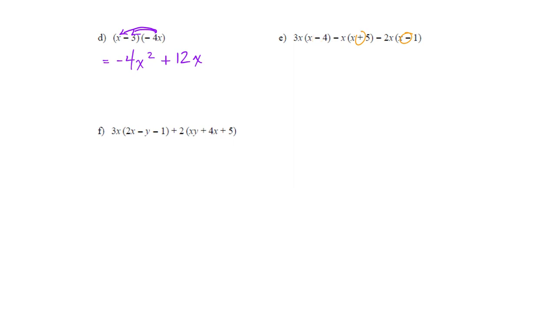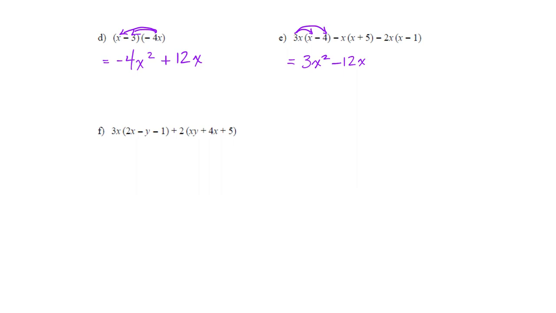So, I take a look at my next operations and I notice I actually have 3 multiplications. So, let's take them in their bits. Slow and methodical. 3x times x gets me my 3x squared. 3x times negative 4 gets me a negative 12x.